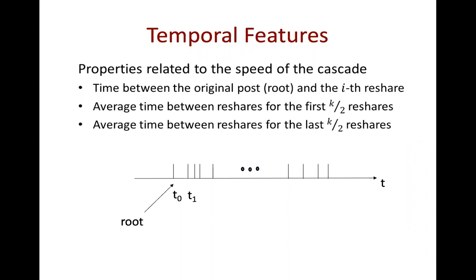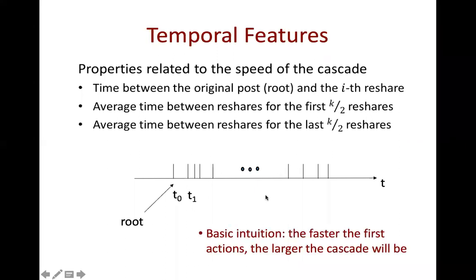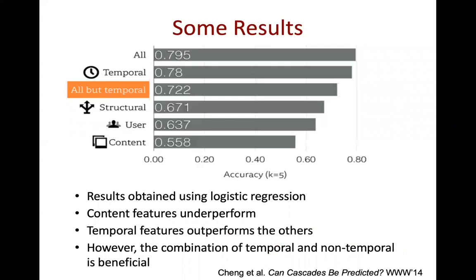Also the average time between shares, how fast people react, and the action rate: how many people really share compared to everybody who has seen it. The basic intuition is that the faster the action happens, the larger the cascade will be, and therefore the social network will be encouraged to show the information more.